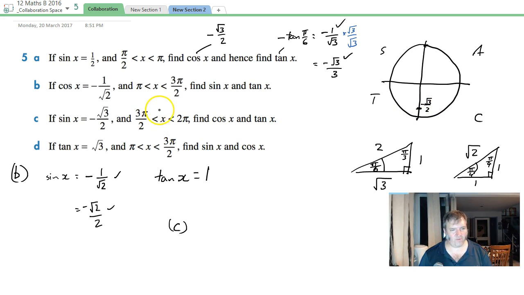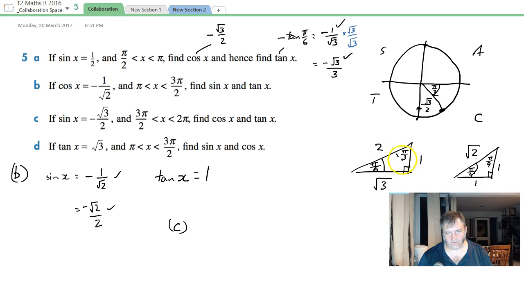And we're between 3 pi on 2 and 2 pi, so we're over here in the fourth quadrant. So now I know my cosine is going to be positive, my tan and sine are both going to be negative. Okay, root 3 over 2, if we go back to this triangle, if I want root 3 to be the opposite side, I must be dealing with a pi over 3 angle.